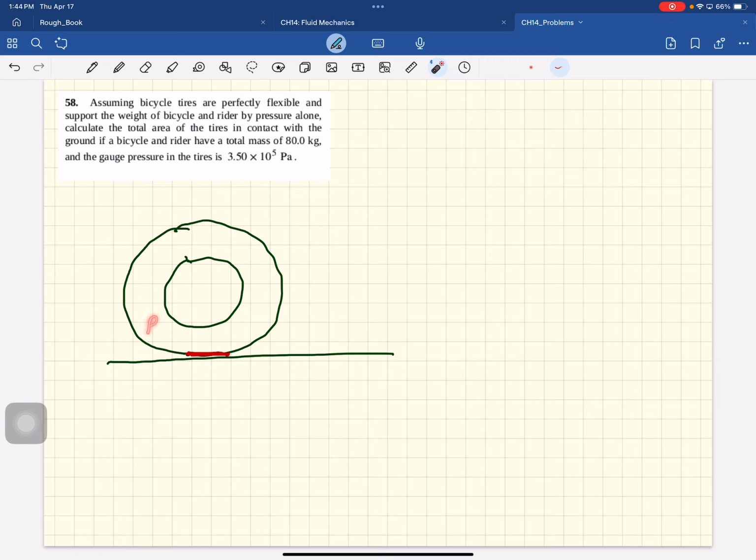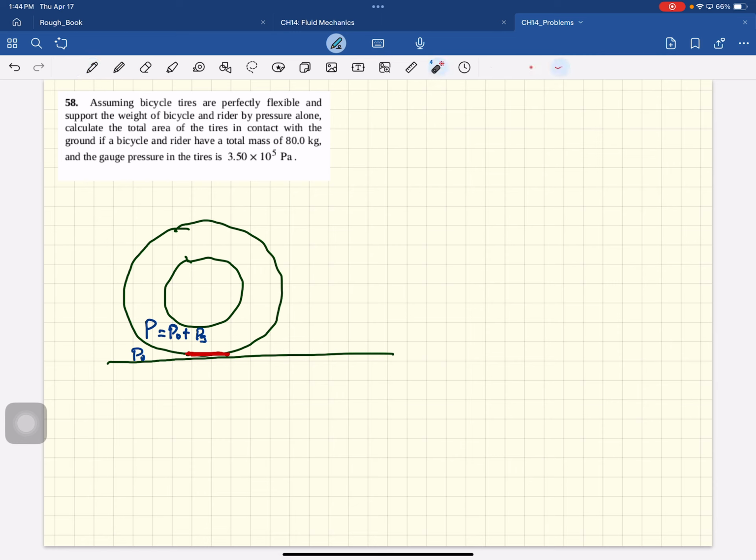And this is absolute pressure, which is P naught plus gauge pressure. This is the pressure outside. Okay. All right. So we're looking at this portion of the wheel.